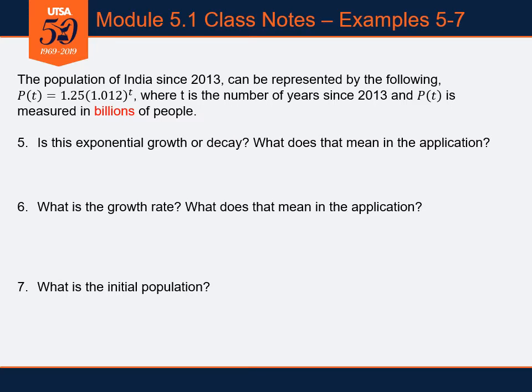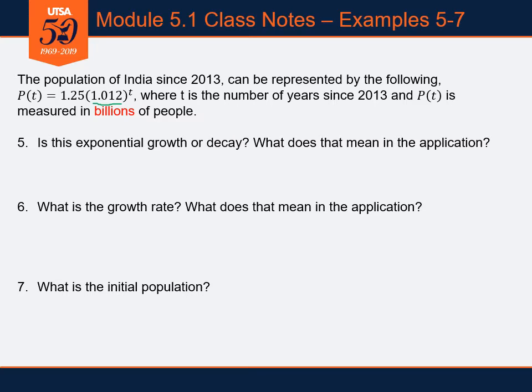Question 5 asks, is this exponential growth or decay? So this is an exponential function. Is this exponential growth or exponential decay, and what does that mean in the application? Because we are multiplying by a number, which I've underlined in green, that is greater than 1.